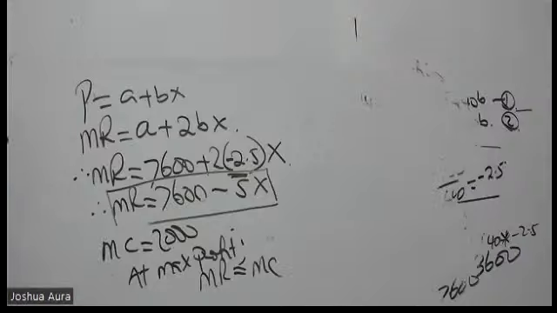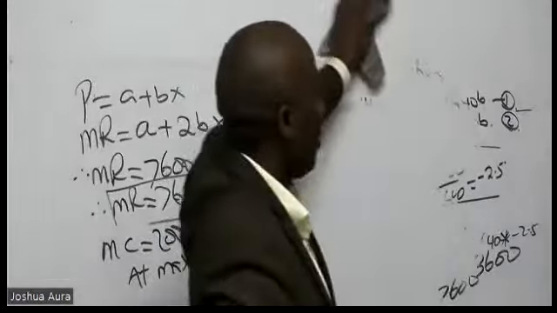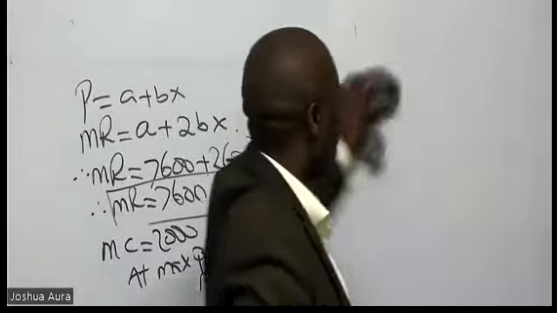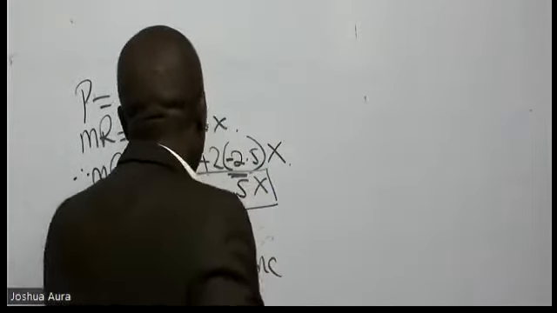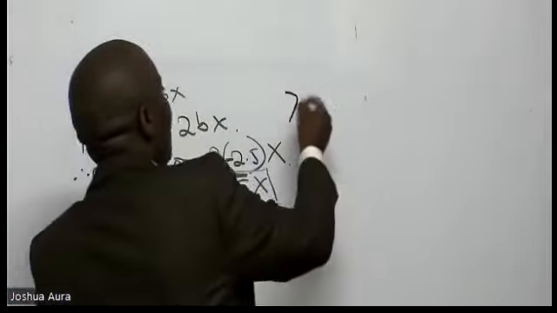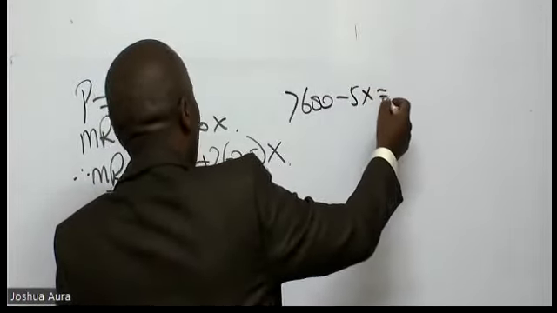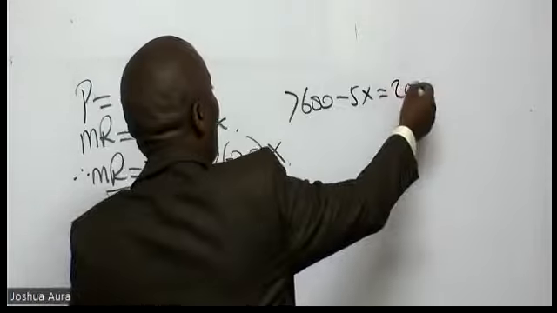And marginal revenue now is 7,600 minus 5X, which should be equal to marginal cost of 2,000.